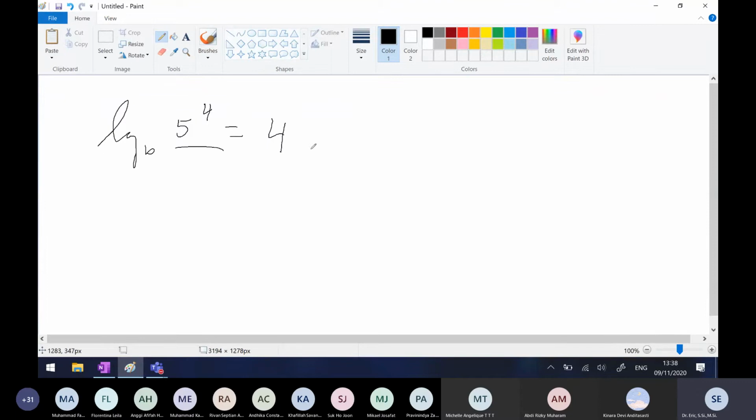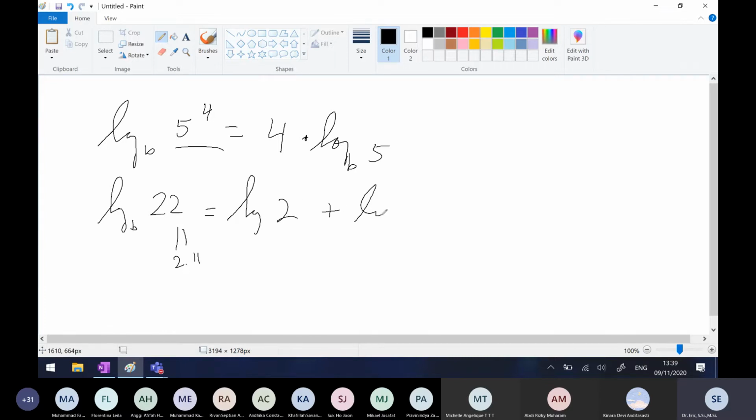It will become multiplication. And if you have maybe 22, 22 equals 2 times 11, so it will give you log 2 plus log 11 with the same base b.